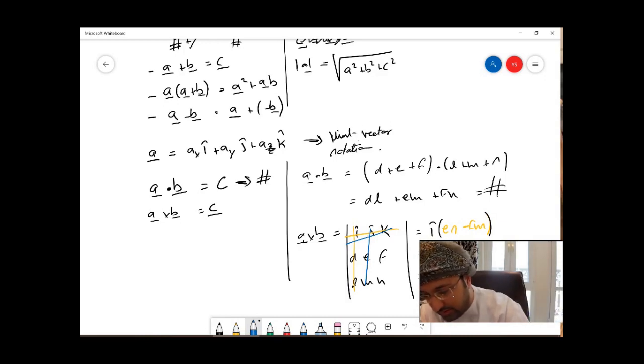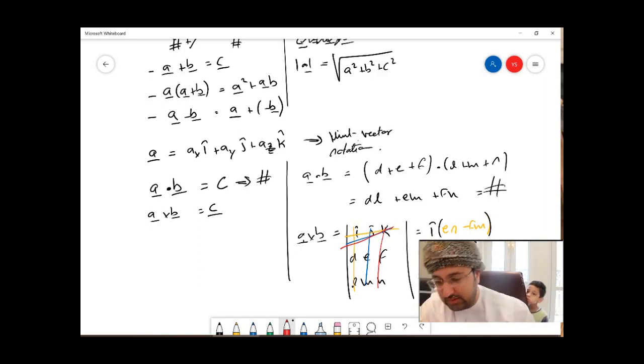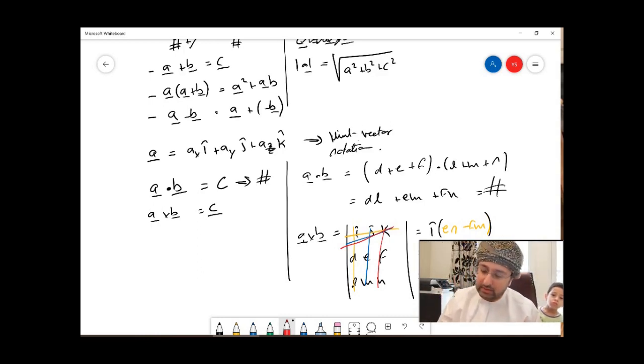And then for K, I'm going to have DM minus EL. And this is going to be a vectorial component. Okay, so this is the A cross B, the final result is still a vector.